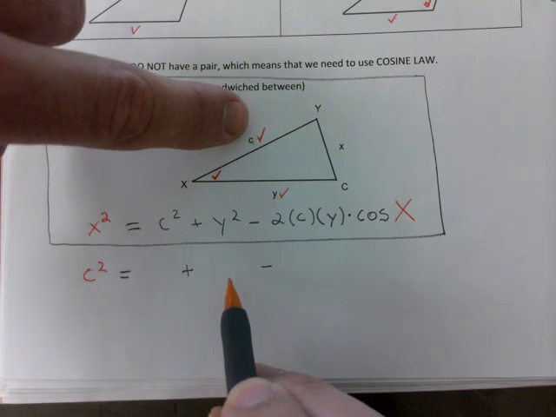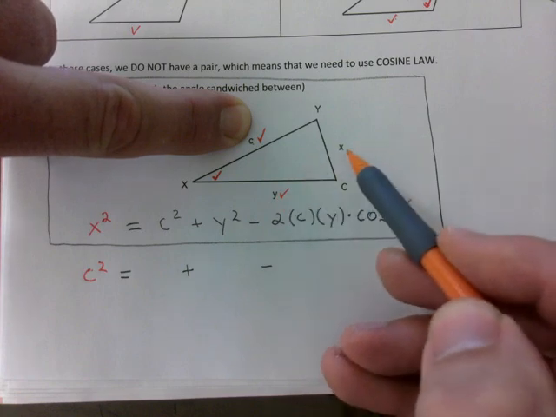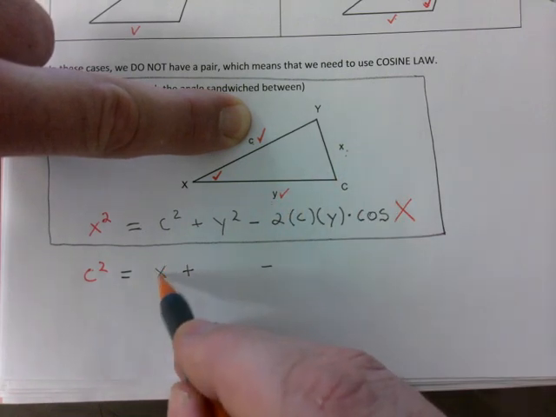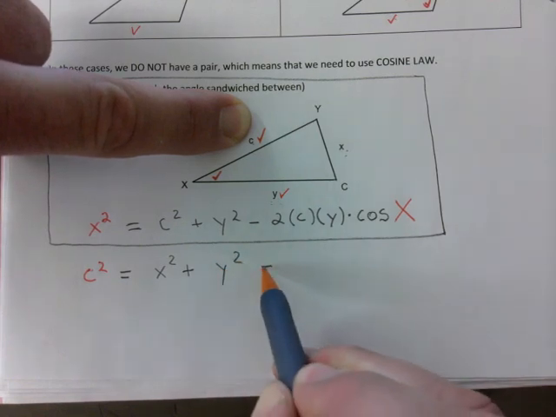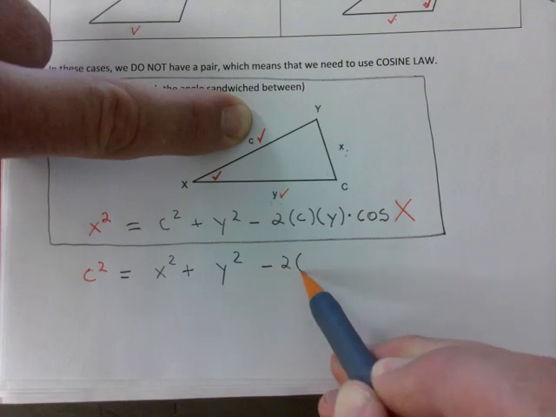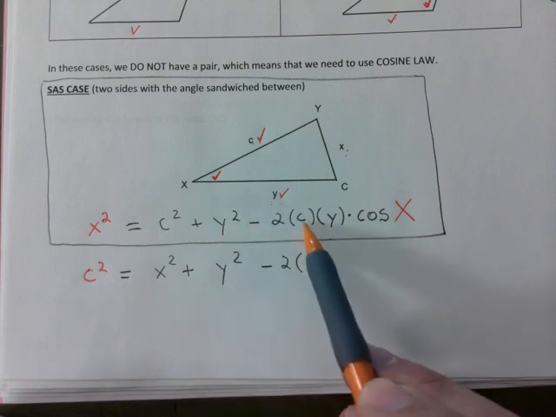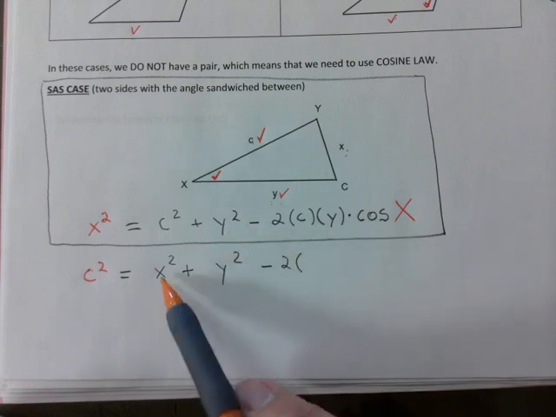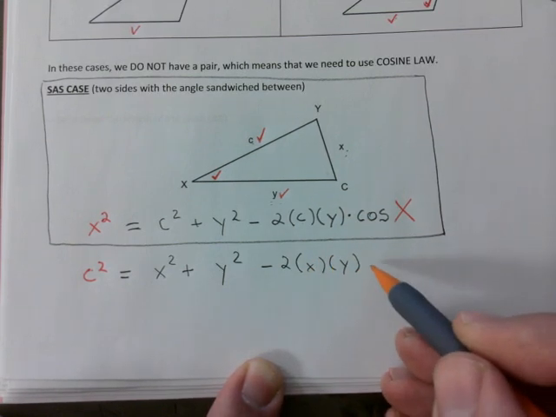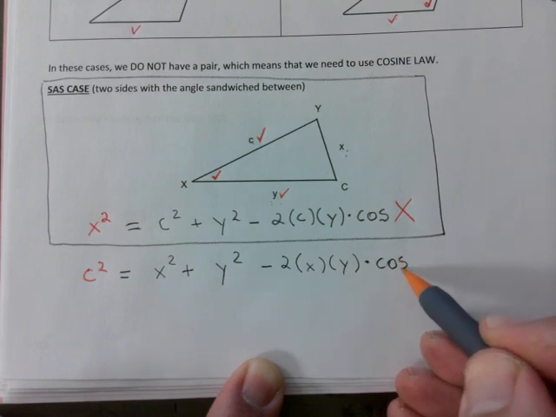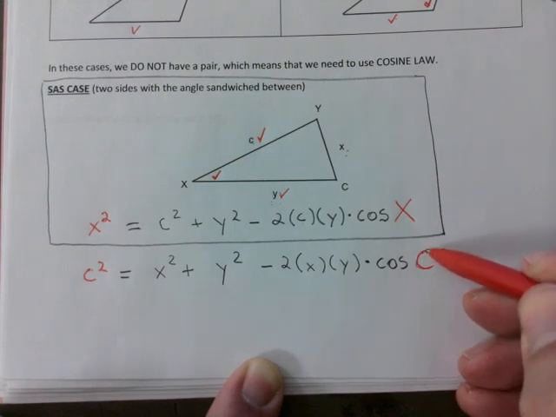So if you're trying to find C, that means that these two sides will be the ones that you know. So in any order of your choice, just make sure you square and add them. And then we go minus 2 times what? What's the pattern from the top? Did you see that? There's C and Y. Guess what? They come up here again. So if it's X and Y, then those are the two sides that we multiply, times cosine of what? Which angle? C. That's why I use a red pen for that one.